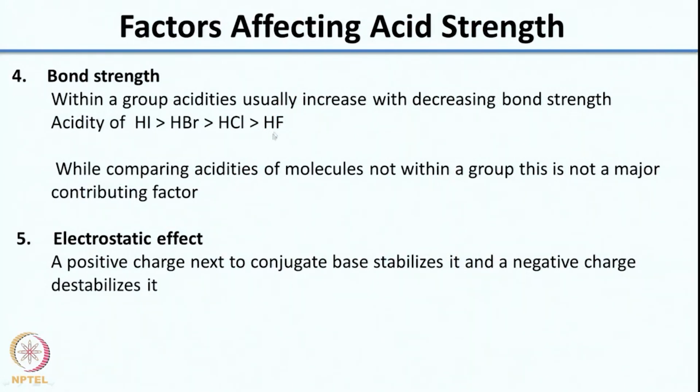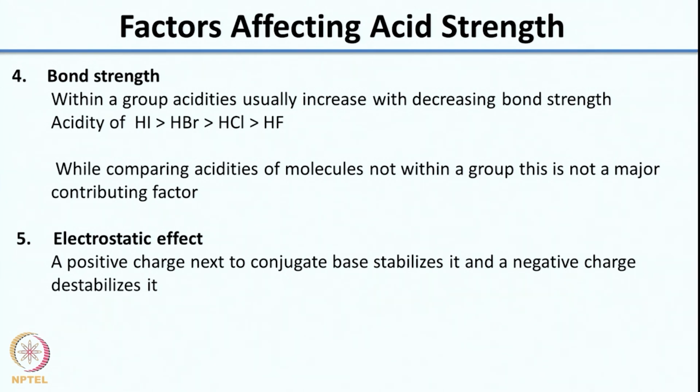Now fluorine is the most electronegative, but what you see is that the most acidic is HI, and that is because the bond strength is lower for HI as compared to HF. So it is very easy to break the H-I bond as compared to the H-F bond. So within a group you can use the bond strength as a criterion, but when you compare acidities of molecules across different groups, it is not very useful because a lot of other factors will play a more dominant role.